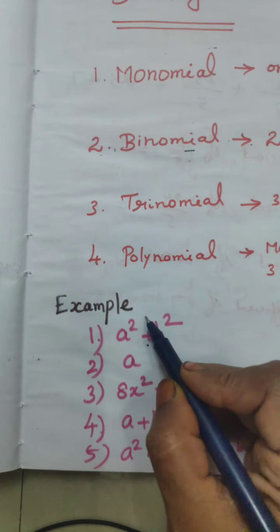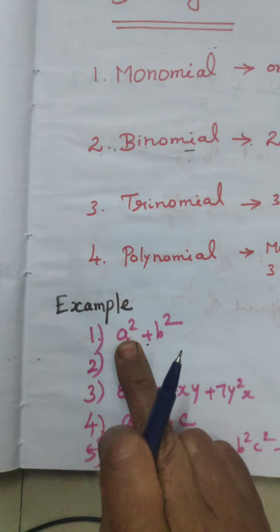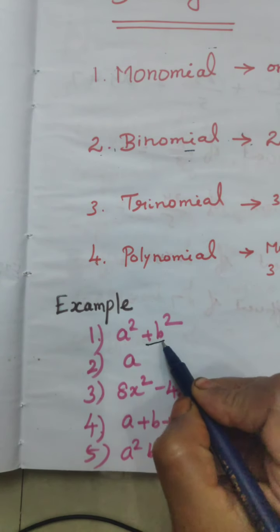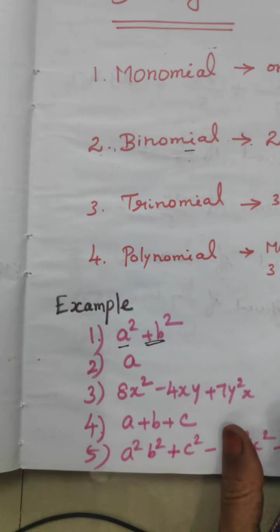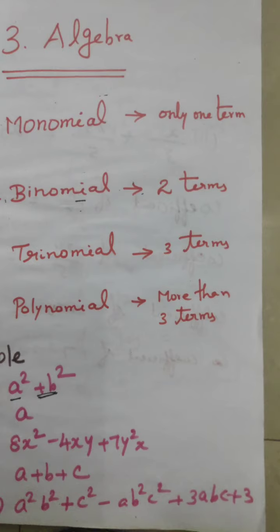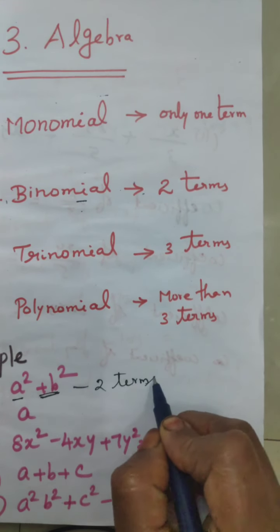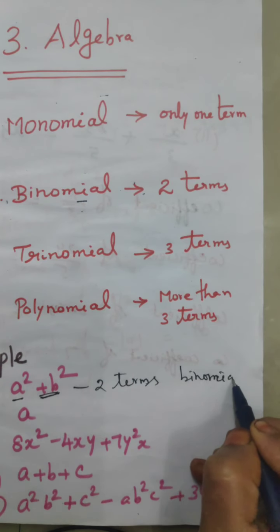Suppose there is a minus symbol also, the second term starts there. Now a², the second term starts with the plus symbol, b². So a² is the first term, plus b² is the second term. So how many terms are there? Two terms. Two terms is called binomial.